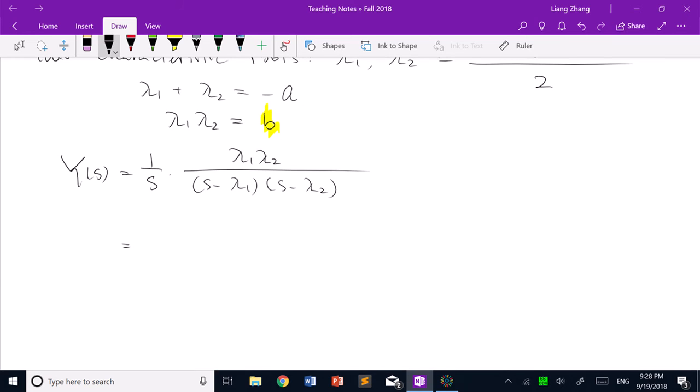And the cover-up method still applies, so you can calculate what the building block signals will be. If plugging s equal to 0, there's a DC gain equal to 1, so in the steady state, you should see a unity. So that's your 1 over s.